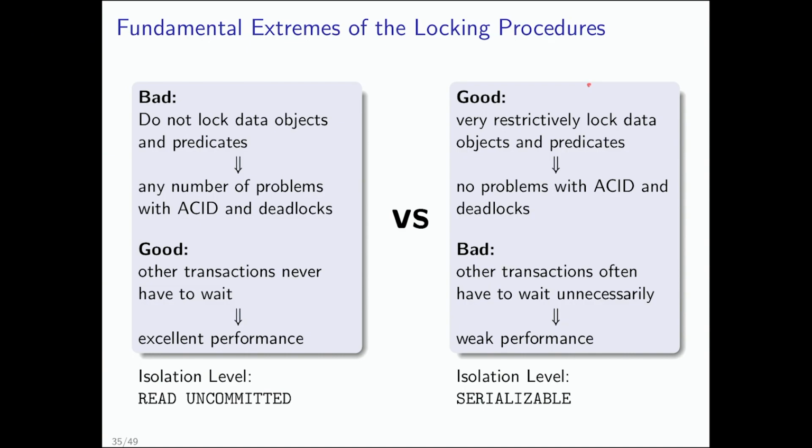Versus you have a very restrictive protocol to lock objects and predicates, which makes sure that there are no problems with ACID and deadlocks. However, often other transactions have to wait, and they may have to wait unnecessarily. What typically happens is that you block transactions, you stop transactions because you believe they might trigger a problem.